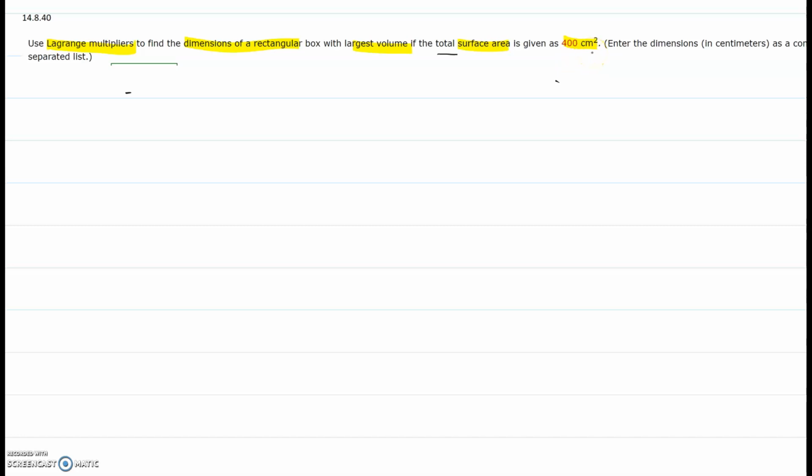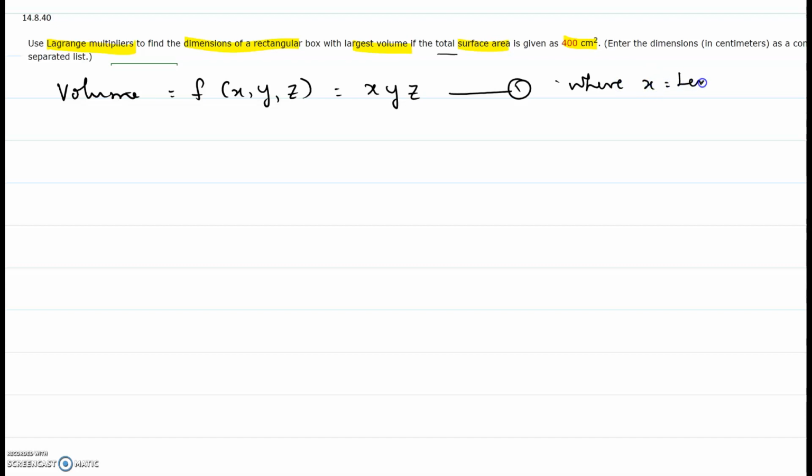So we have two functions here. One is a volume function, which we call f of x, y, z, where x represents the length, y represents the width, and z represents the height of the box.